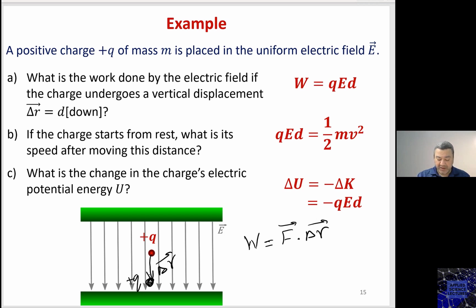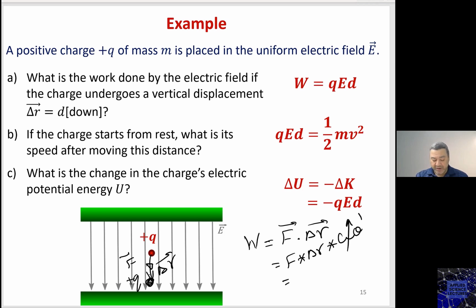And as you can see, F is pointing downward as well, which means F dot delta r equals F magnitude times delta r times cosine theta, where theta is zero because the force and the displacement vector overlap, so cosine is one.